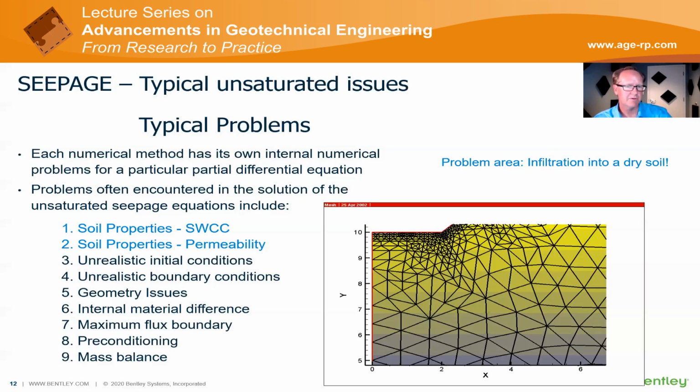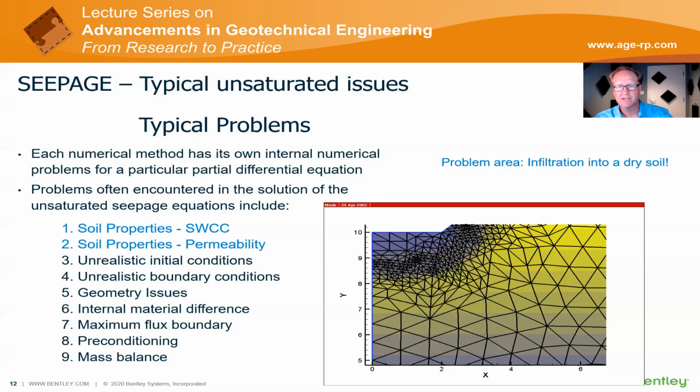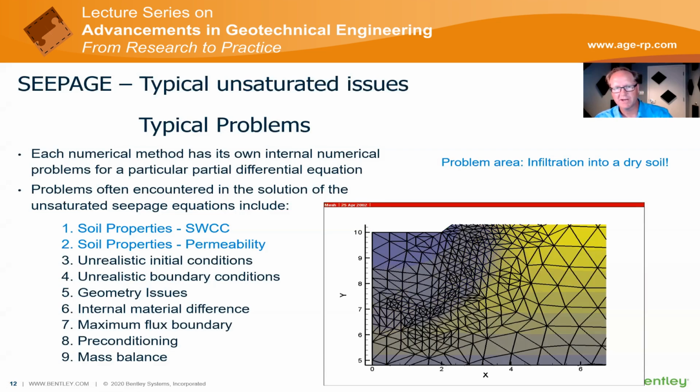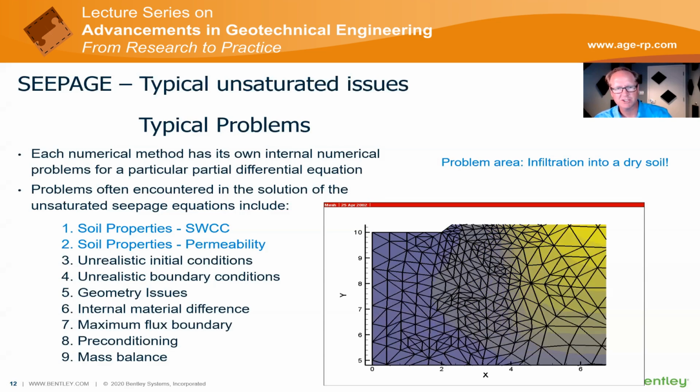And in this case, what we've done is we've looked at this particular problem, and we've turned on mesh refinement to try to track where the nonlinearities are happening in this model. And I'll just start the animation here. You can see that as the wetting front progresses down into the soil, the mesh changes at the location where you need it.